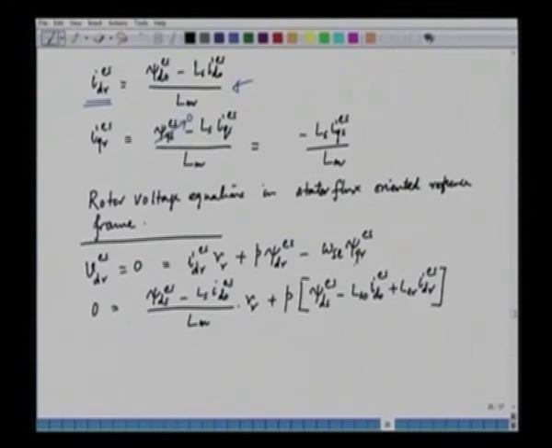And then we have ψqr, and ψqr can be written in the following fashion: ω_sl into ψqs^s minus Ls Iqs^s plus Lr IQR^s. So this equation can be simplified, and the scope of simplification exists here.